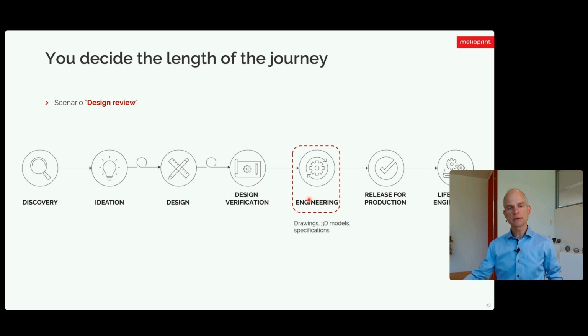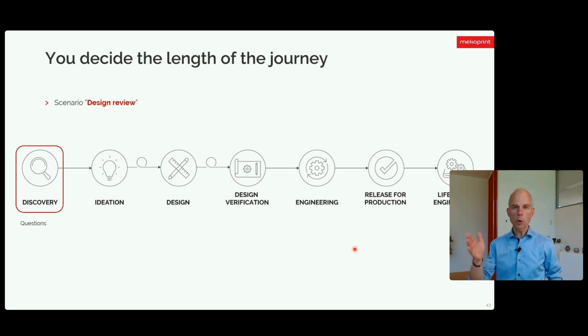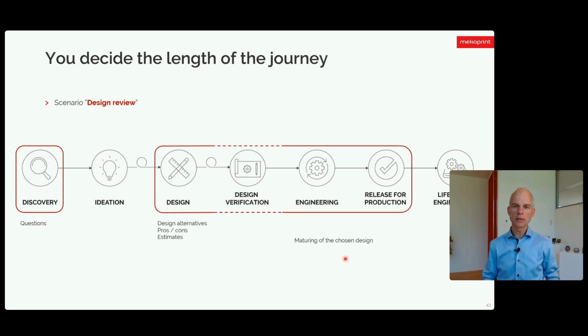So this means you provide us a drawing or 3D model or some specification and ask us for a review. We will go back to the step which is then called discovery, because we will ask all the questions that we need to have the complete overview. And then, depending a little bit on your knowledge and the solution you found yourself, we can directly go into engineering and design for manufacturing.